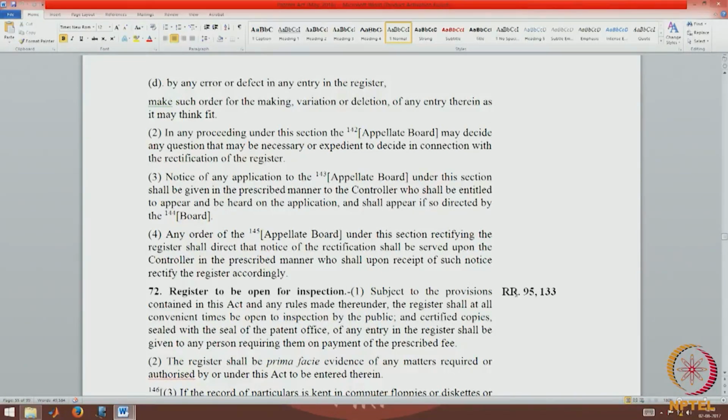The competent court, which will be a civil court, will decide what the rights of the parties are, and only then will the controller change or correct the document. 71(2) empowers the appellate board to decide those issues, any question that may be necessary or expedient to decide in connection with the rectification of register. If the issue involved in the rectification is whether an assignment is valid or not, normally, if there is a dispute with regard to an assignment and the parties are before the controller, as we saw in the earlier provision, he will direct the parties to the competent court.